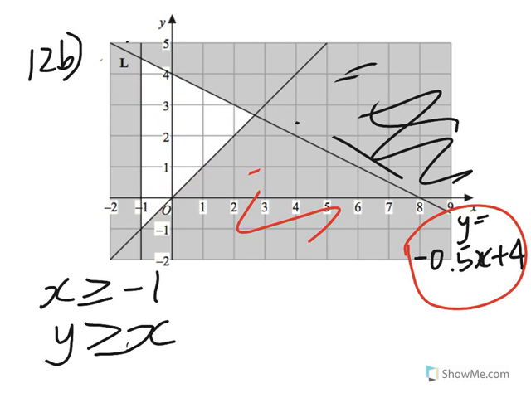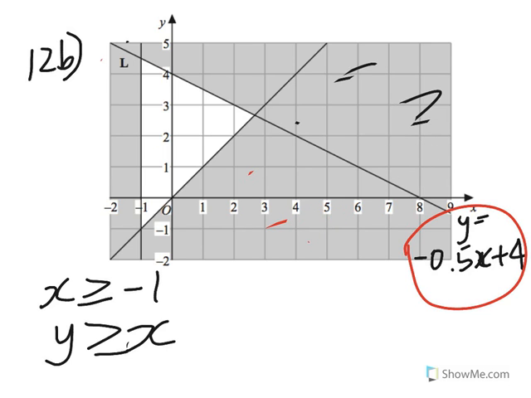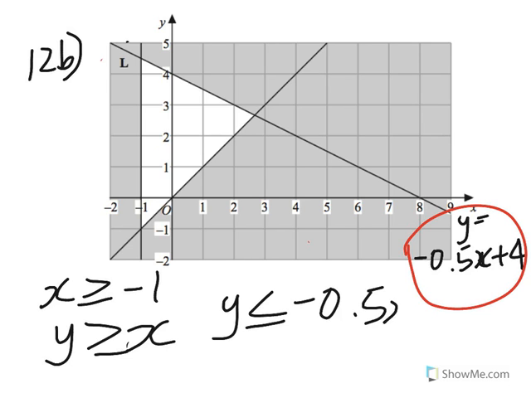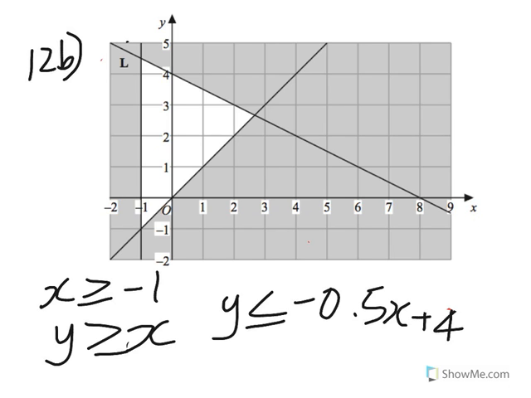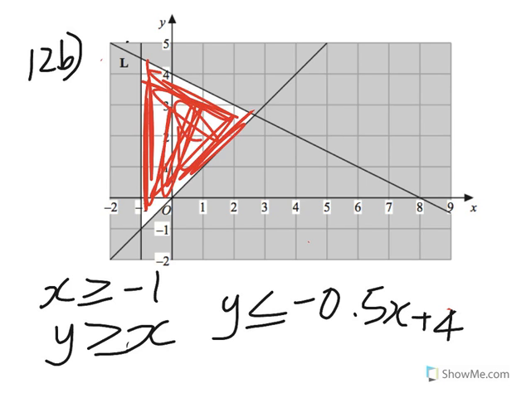So since we want the stuff that's below, that means y is less than or equal to negative 0.5x plus 4. And that is our third inequality. If you combine all these inequalities together, you'll see that they all match up, and that means this area will be satisfied by all three inequalities.